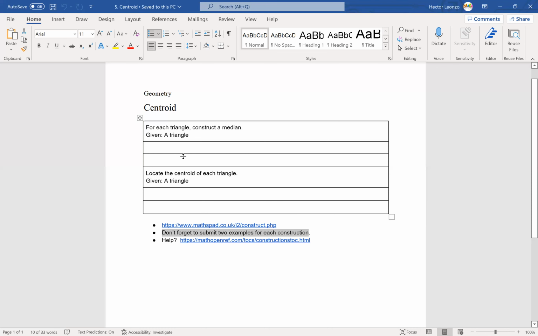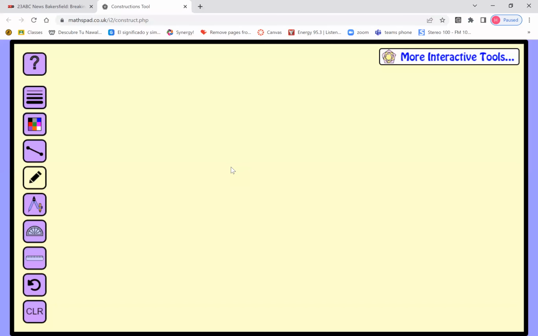The first one, for each triangle, construct a median. I want to use this link, and it's going to take me here. So given a triangle, right? So I know for a triangle, I'm going to come out with 3 points. Let me erase this. Clear this out.